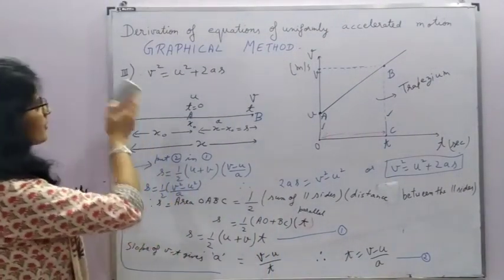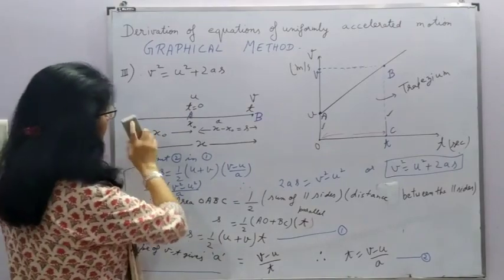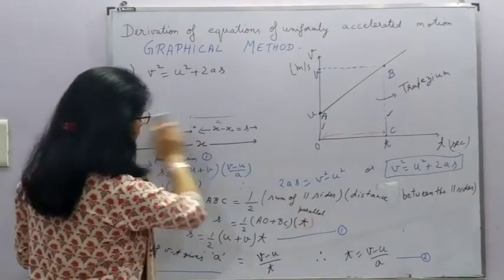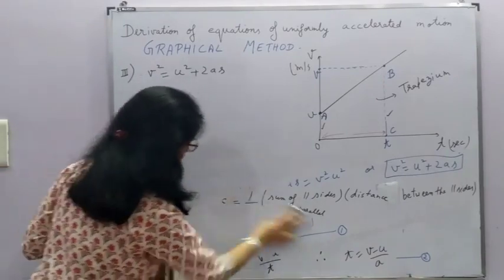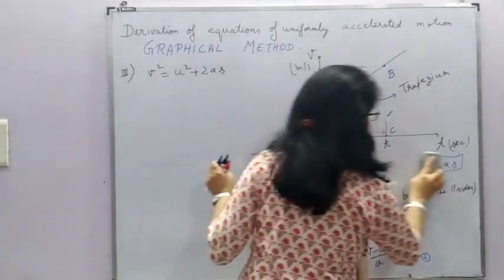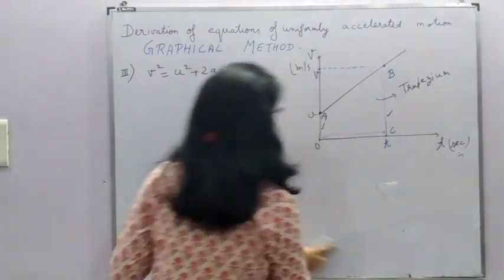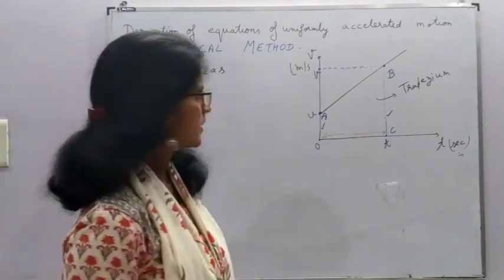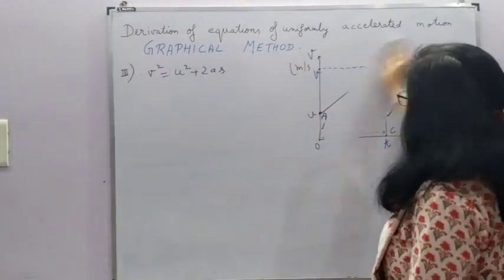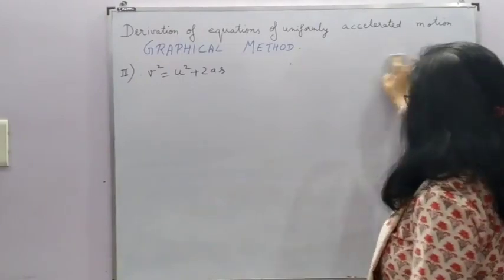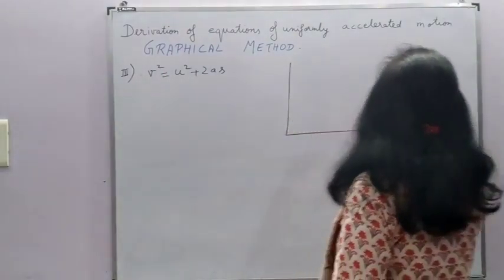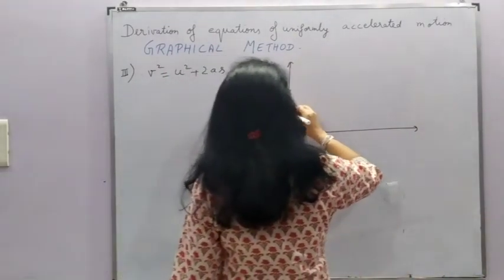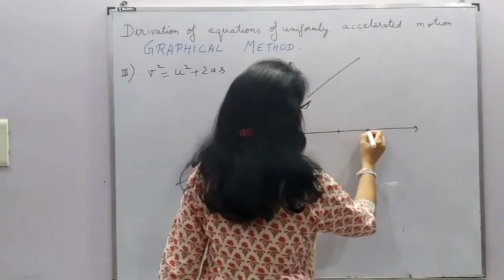Let's move on to the last equation of motion, which I had explained, that is the distance traveled in nth second. So let's derive that also by this method. Now in this case, let's consider a position where time is n seconds and n minus 1 second.